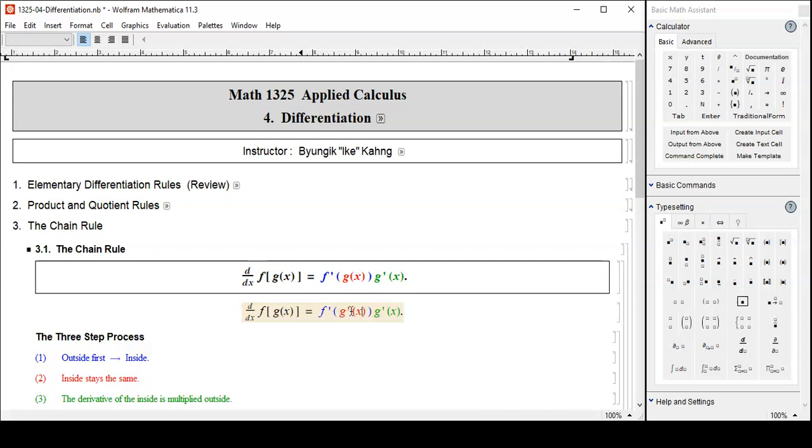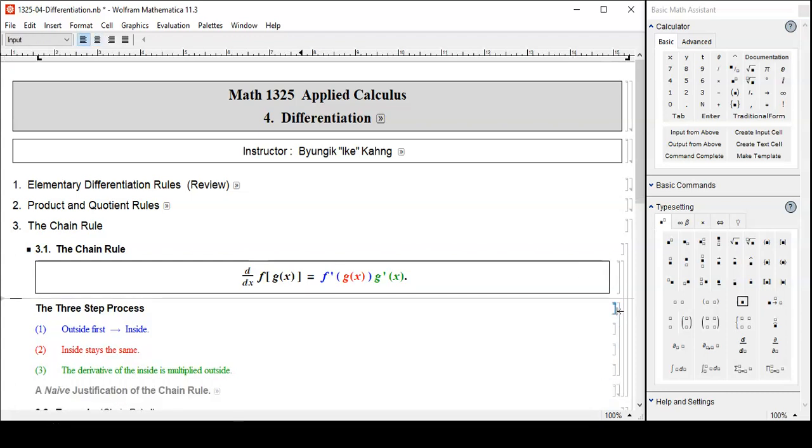This is wrong. You have to stay the same g of x. And finally, the derivative of the inside is multiplied out there like a dangling chain. And then if you have anything further, another chain, dangling, dangling, dangling. That's why this is called the chain rule.